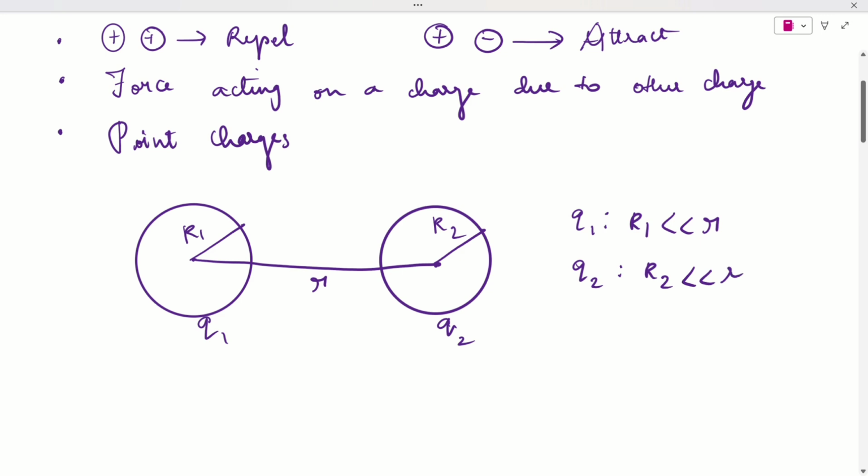To have a better understanding, consider the charges to be the sun and earth.